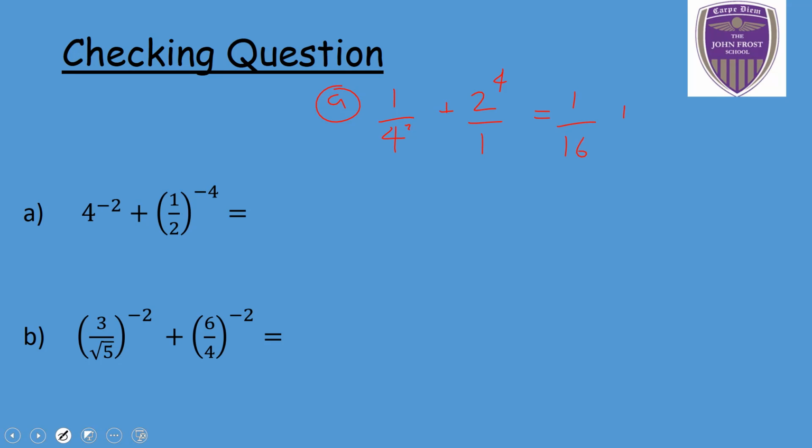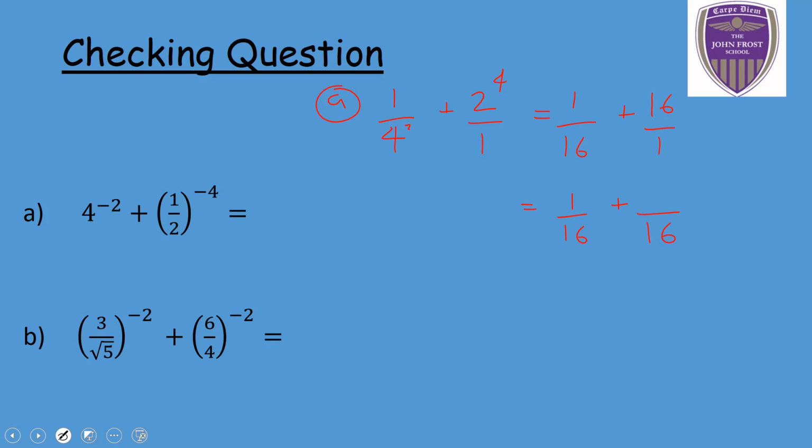1/16 plus 16 over 1. So you could see already that that would be 16 and 1/16, but we might want that as an improper fraction. If we think about how we've added fractions in the past, we've got to make the denominators the same.